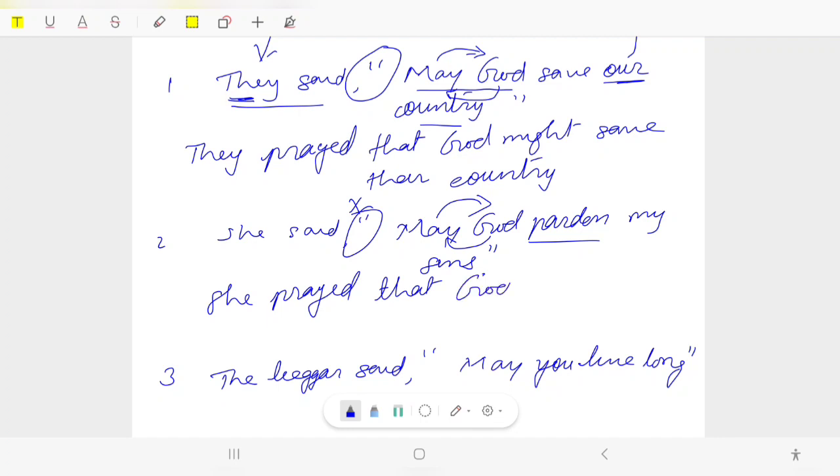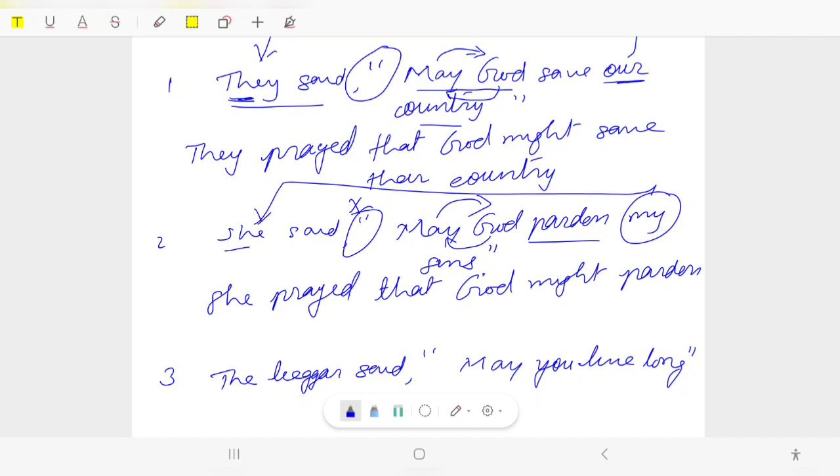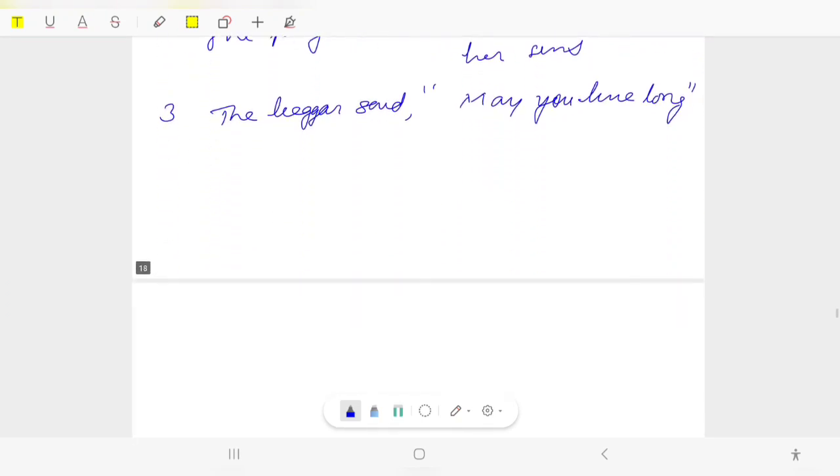She prayed that God might. May will change into might. God might pardon. My is first person, so according to subject. It is possessive form, so possessive form of she is her. Her sins. Have a look at next example.